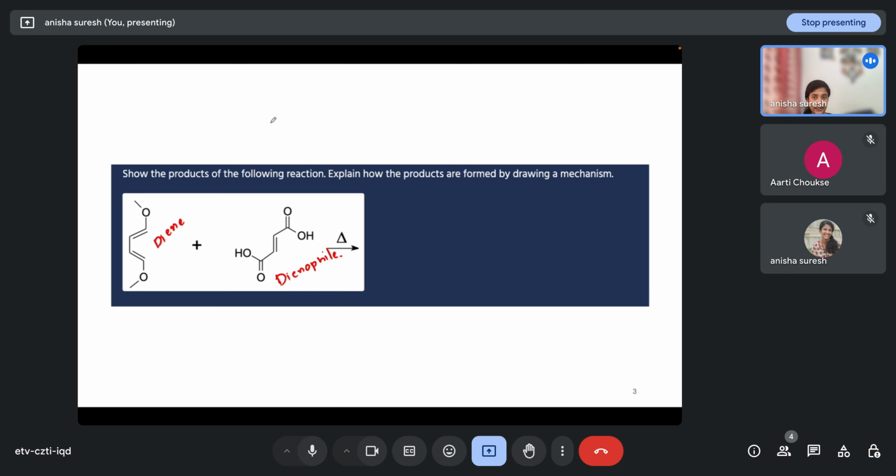If we are considering the bottom face approach, these OMe groups, which are the outside substituents, will be alpha or below the plane.